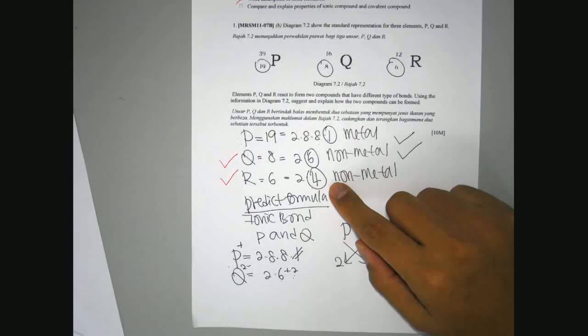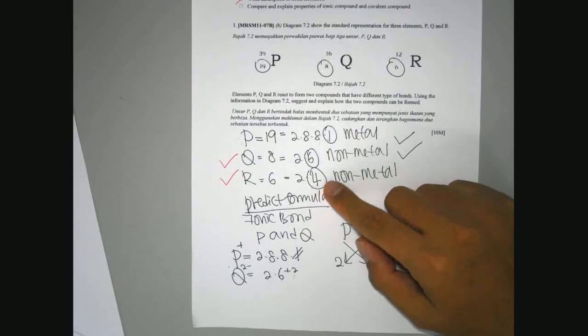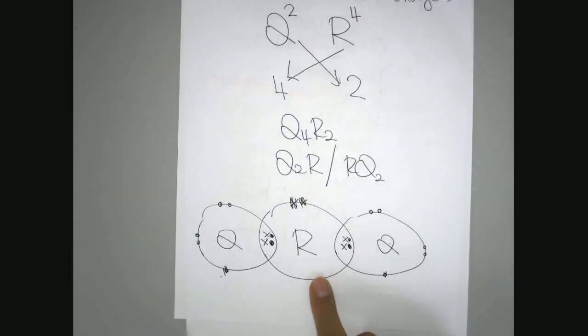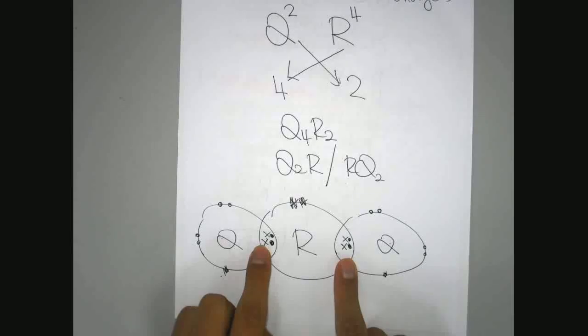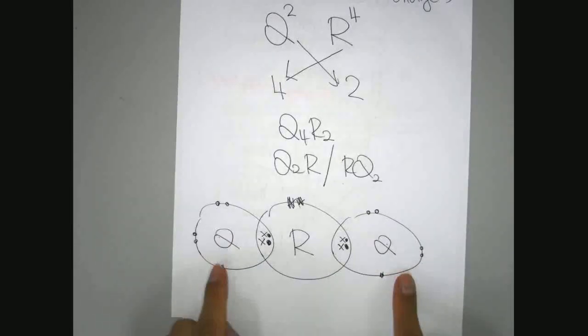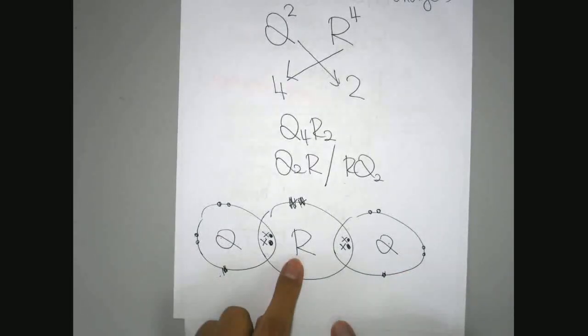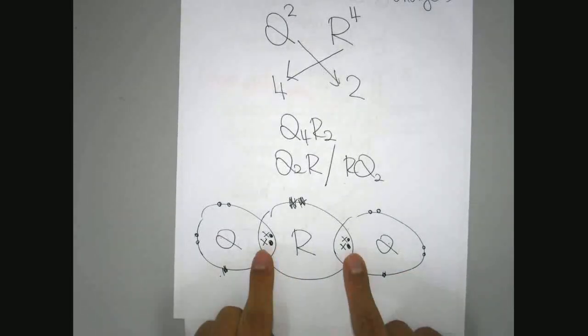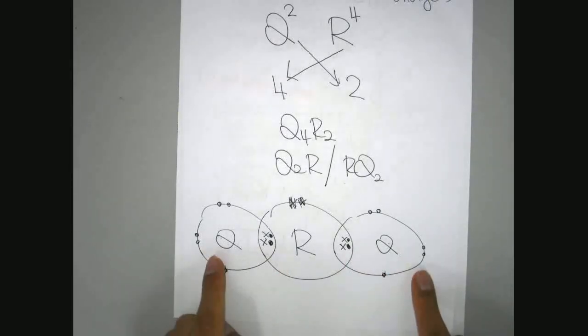Atom R needs 4 electrons to achieve stable electron arrangement. After you introduce the prince and princess Q and R, you have to tell people how they combine. Here, look at the picture. 1 atom R contributes 4 electrons to be shared with 2 Q atoms.